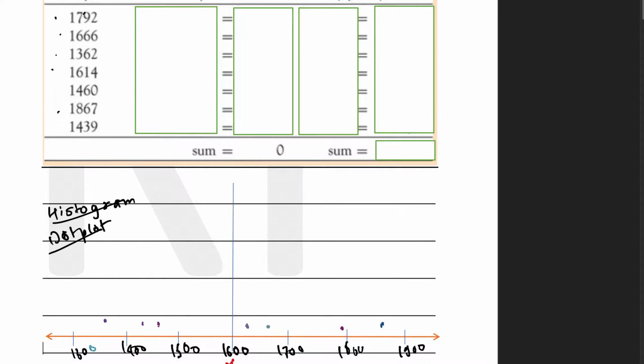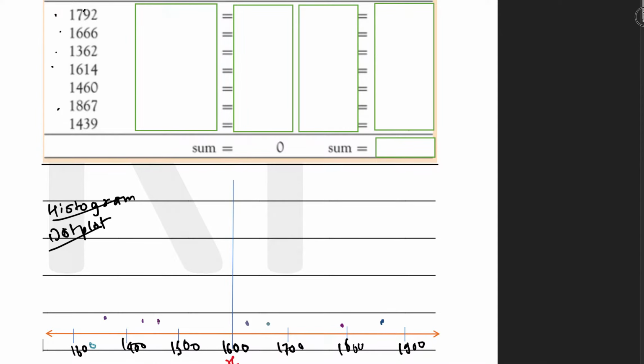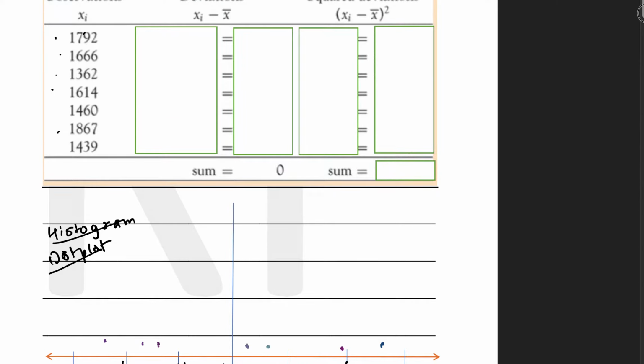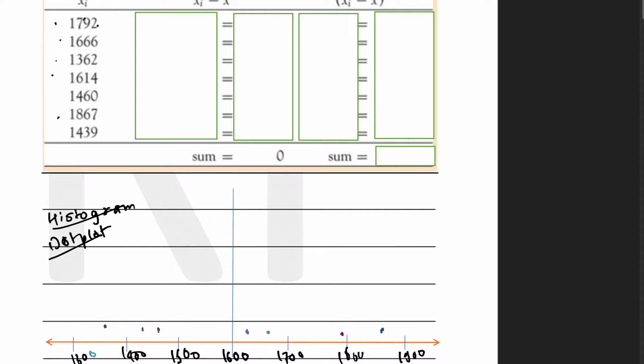So first thing you need to know in here is what are these distances that we are going to look for. These are nothing but the distances of each of these data points. Let's say our first data point is 1792. You can see here 1792, which is somewhere around here.